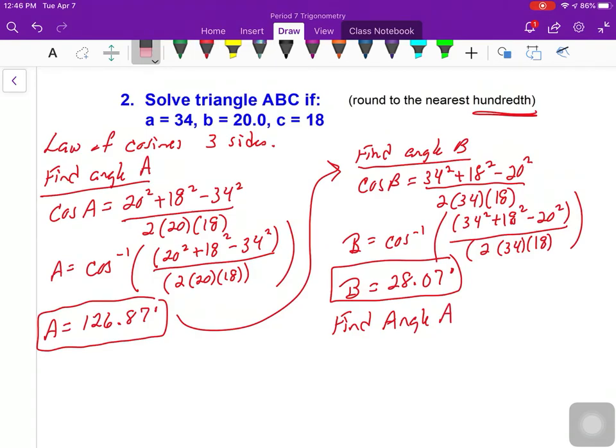And finally, we need to find the last angle. I guess that would be angle C in this case.